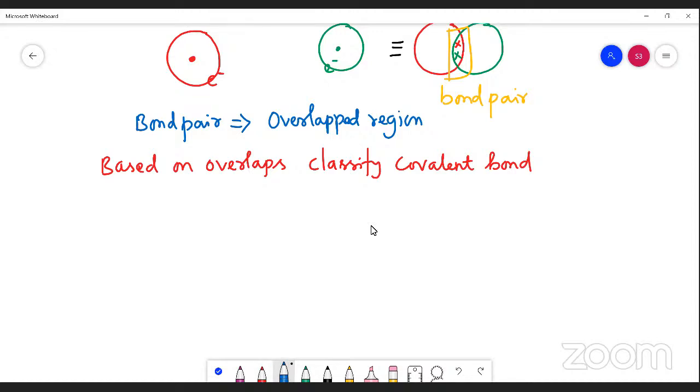Okay, so the classification of a covalent bond. Whenever there is a covalent bond, we can classify it into two types. One is a sigma bond. The symbol we use is sigma. Okay, so this is a sigma bond. And the second one is a pi bond.